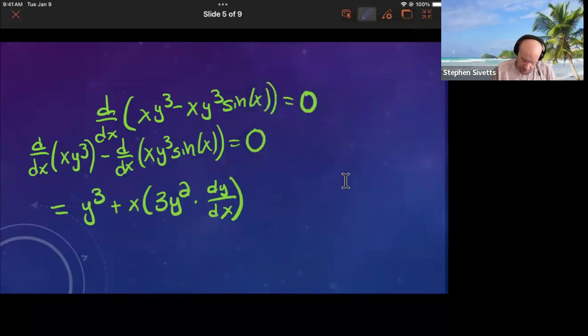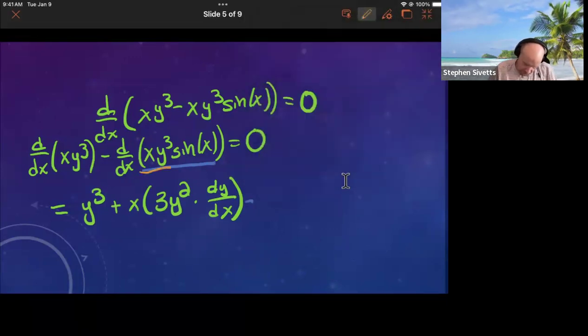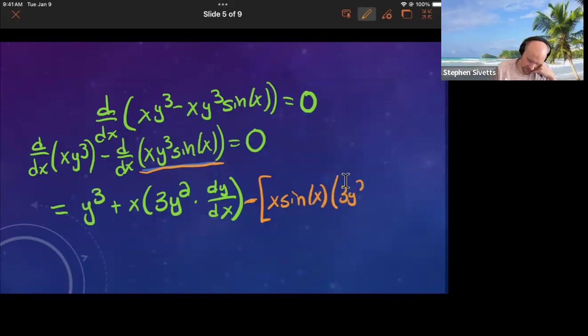For the other term, this term right here, that will be minus, I don't like that color. Let's just do this, I'll do orange. So for the orange term, it will be minus. We have to use the product rule again. So we'll have x times sine x times 3y squared dy/dx.